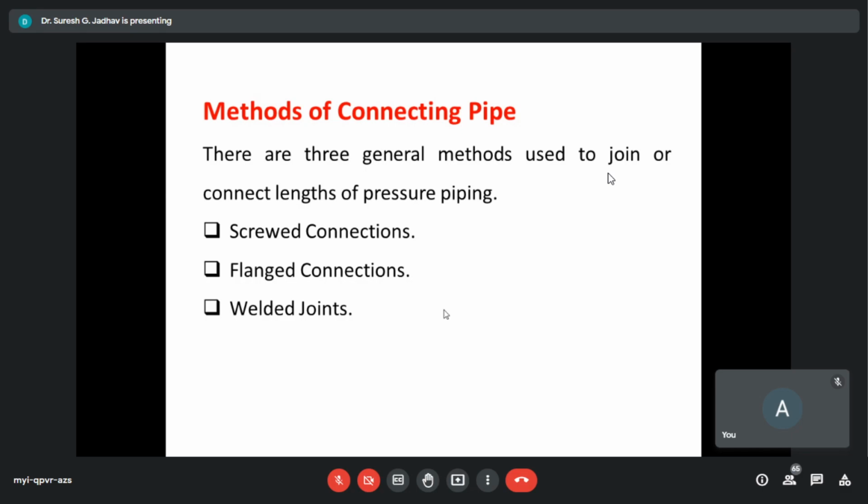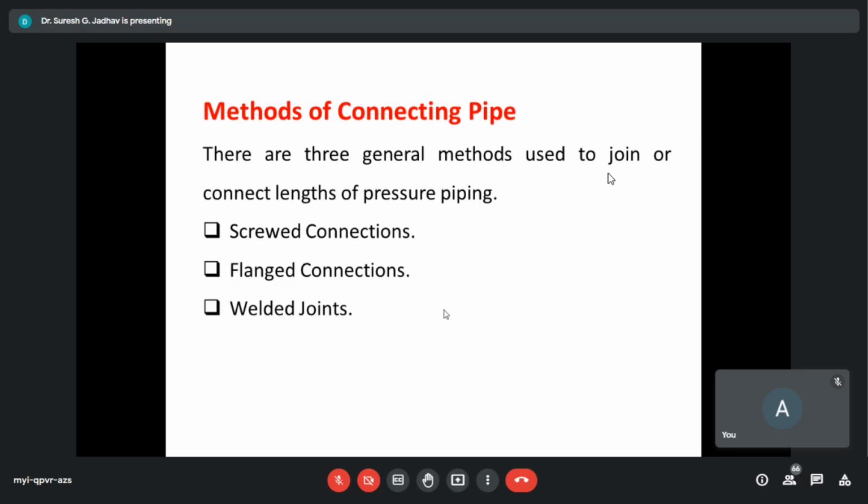Now, the fifth advantage of welded joints or welded connections. Welded joints give more flexibility to the piping design as the pipes may be joined practically at any angle to each other.